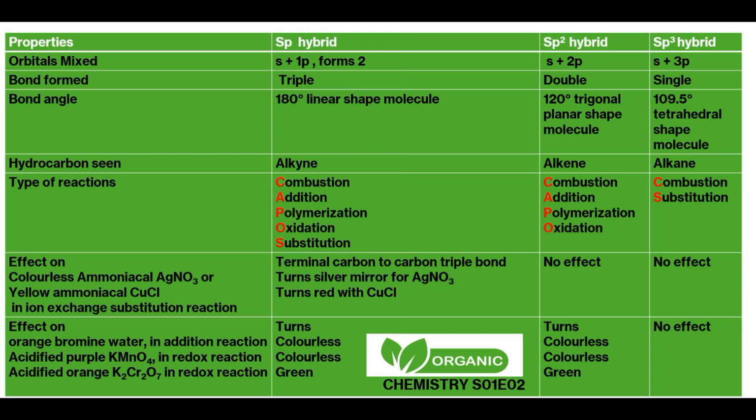Primarily seen in alkenes, with general molecular formula CnH2n. sp3 hybrid forms a single sigma bond and the bond angle is 109.5 degrees. Tetrahedral shape, with no pi bond. Primarily seen in alkanes, with general molecular formula CnH2n+2.